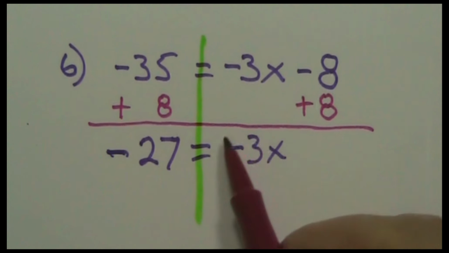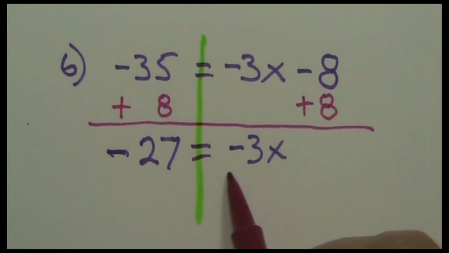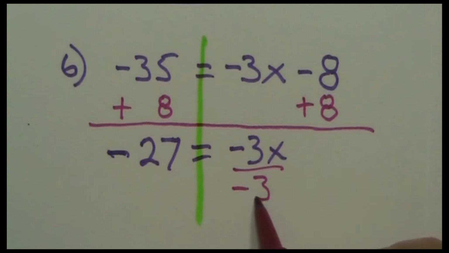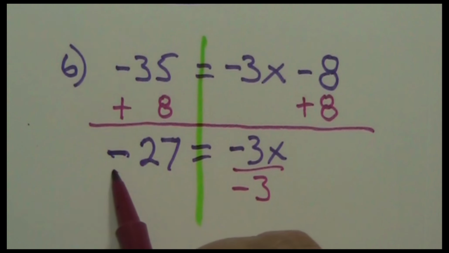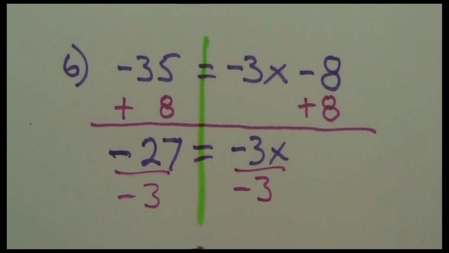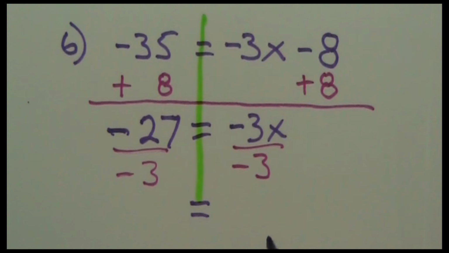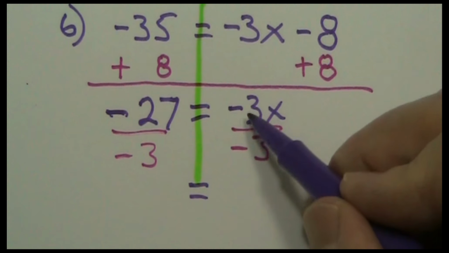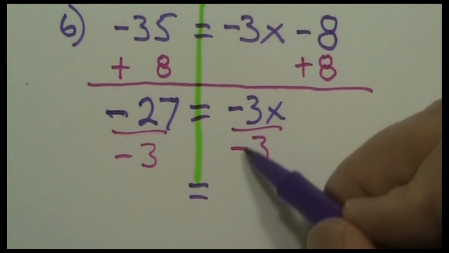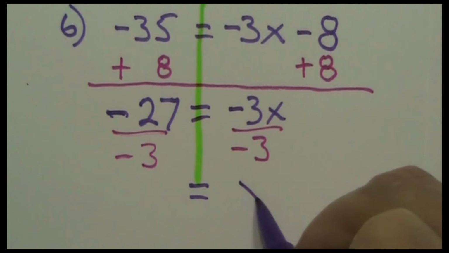Now we want to get rid of the coefficient. This is times, so I divide. And let's see, so that's 1. 3 divided by 3 is 1. The negatives cancel. You're left with x.